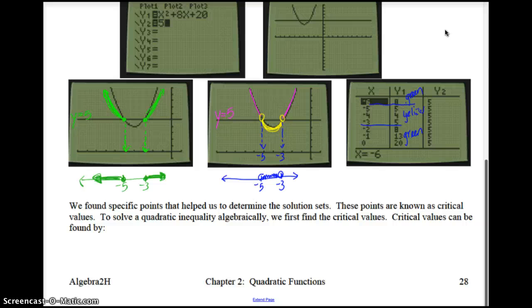They weren't zeros because the 5 was on the other side and we left it there. So the thing that we would need to do is find the critical values first if we want to solve a quadratic inequality algebraically. Critical values we know we can find using either factoring or completing the square.